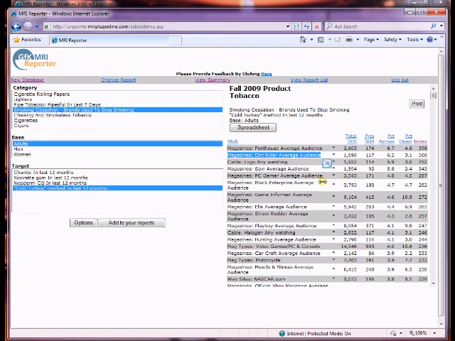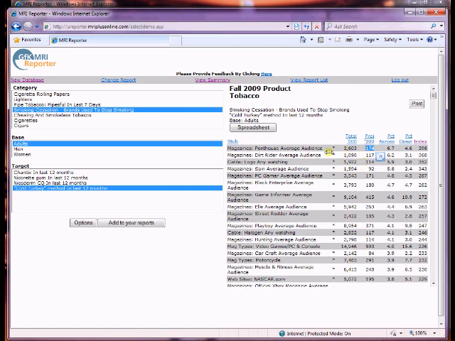Now, one other thing I'd like to bring up here is you might have noticed that there are these little stars next to almost all of the index values. What do these stars indicate? Well, since this fall 2009 product study didn't obviously interview every single person in America, it took a sample. And then these values, based on the sample's results, are projected onto the entire U.S. population.